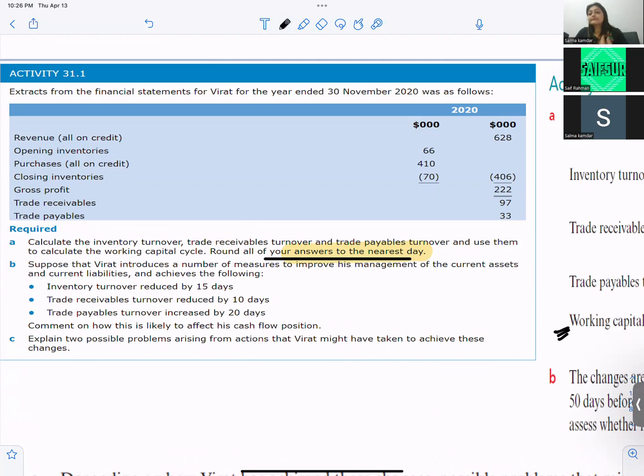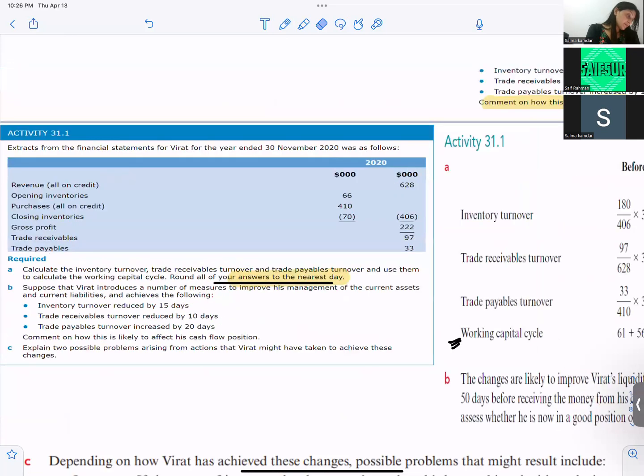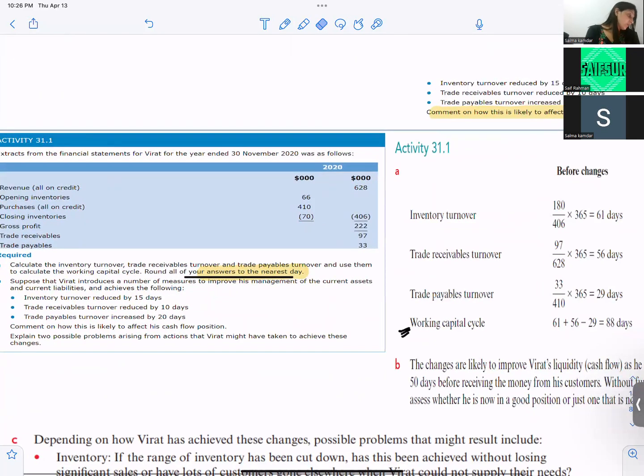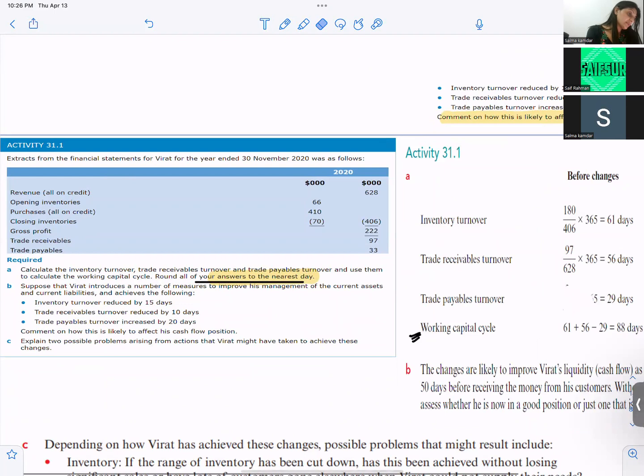Opening 66 plus 70. To get average inventory we will do opening plus closing divided by 2. I get 68, and cost of sales will be 406.